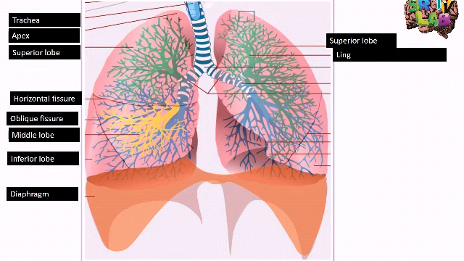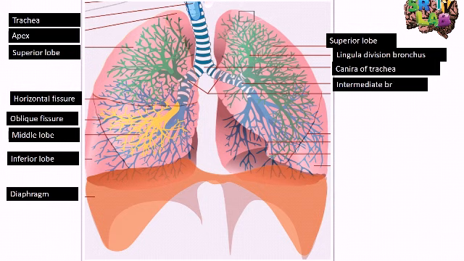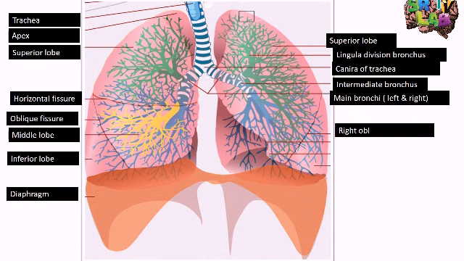So we see the lingular division bronchus. Then we see the carina of the trachea. That is where the trachea gives out two branches, which are two main bronchi, the left and the right one. Here we see the intermediate bronchus. There we see the main bronchi, the left and the right one.